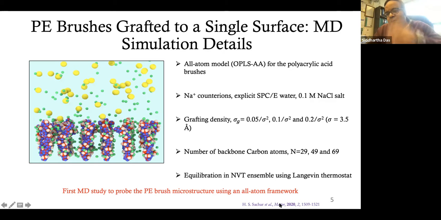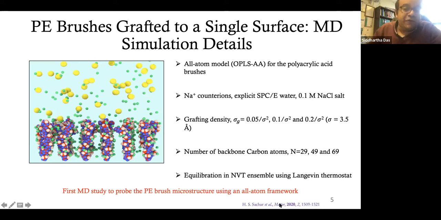As for the details, we modeled water using the SPC model, and we considered sodium ions as the counter ions, screening the brush charges, and also an additional 0.1 molar sodium chloride salt. Interestingly, this is one of the first molecular dynamics studies that probed the detailed microstructure of the polyelectrolyte brush molecule in an all-atom MD setting.